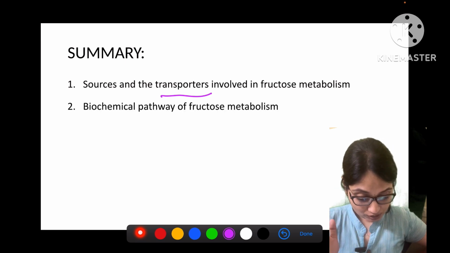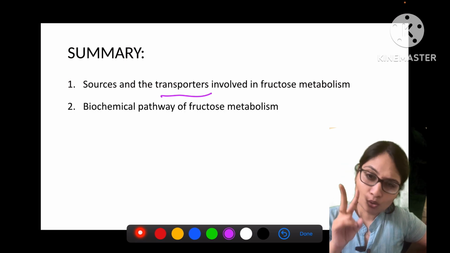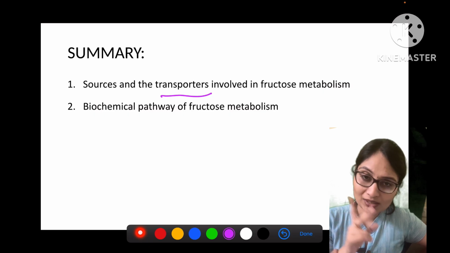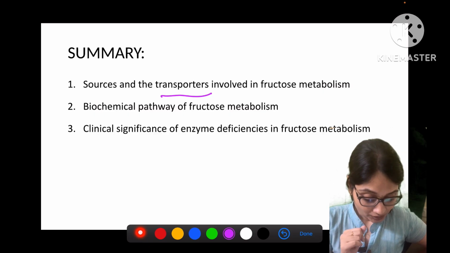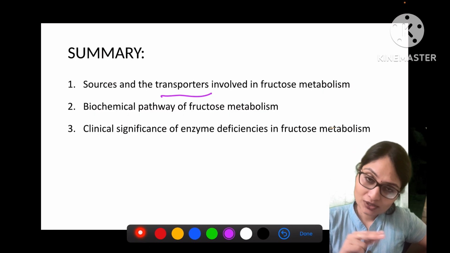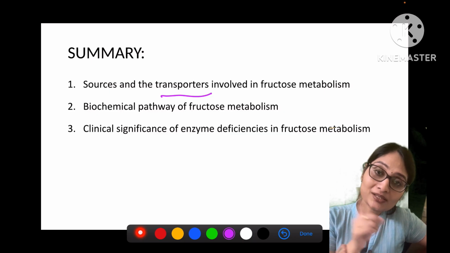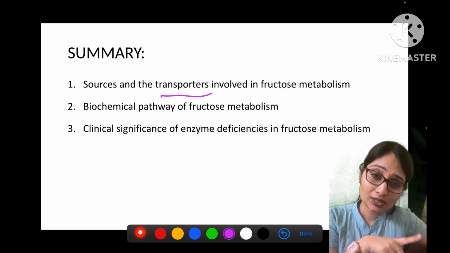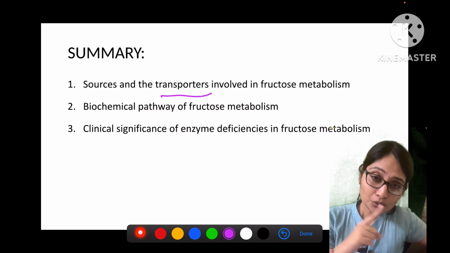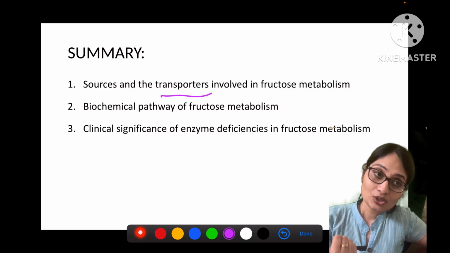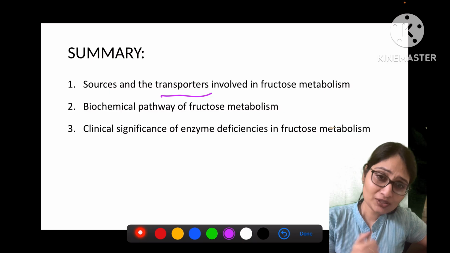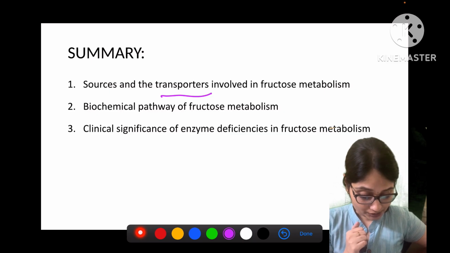Biochemical pathway, only two enzymes, one is fructokinase, the other one is aldolase B. And clinical significance of enzyme deficiencies, again two enzymes. Fructokinase deficiency results in essential fructosuria, and aldolase B deficiency results in hereditary fructose intolerance.